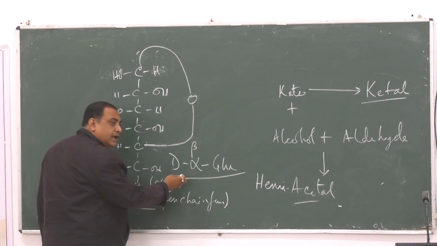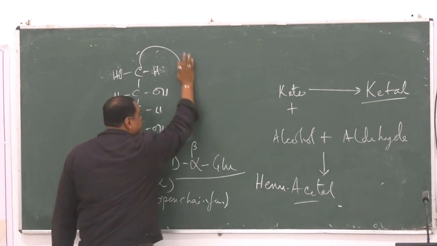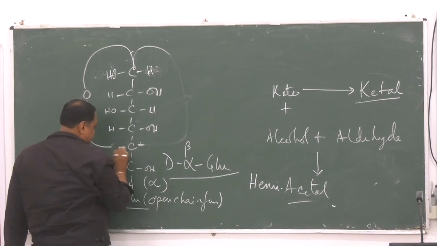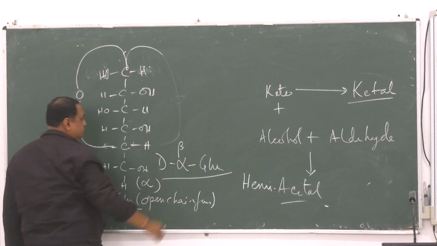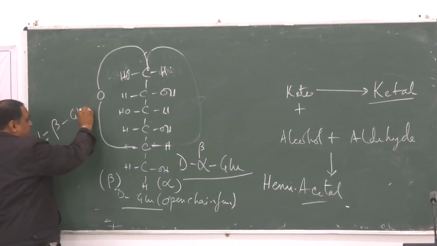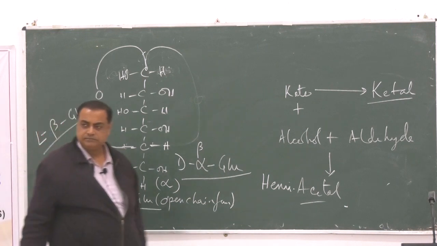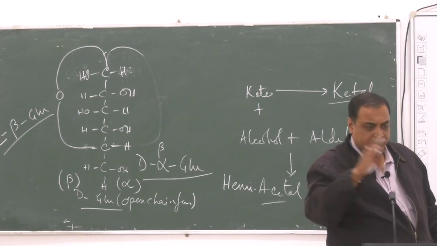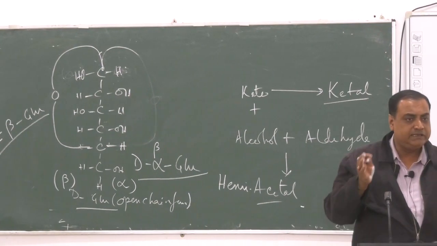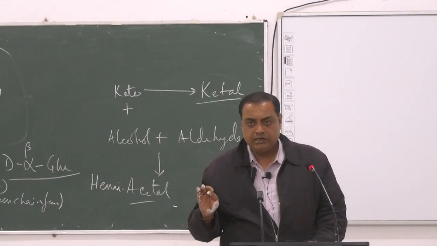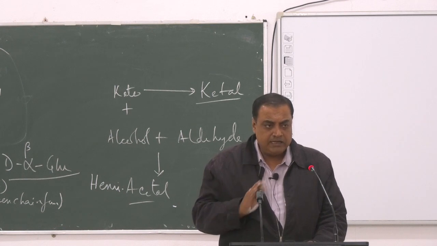Now, had it been L form, this would have been L, beta, here, here. By shifting the ring, we can actually change the isoform from capital D to small d. Capital D and small d is not any abbreviation.